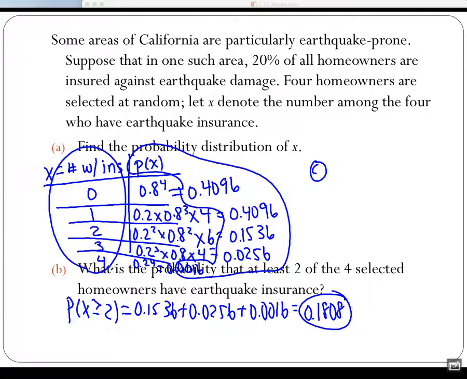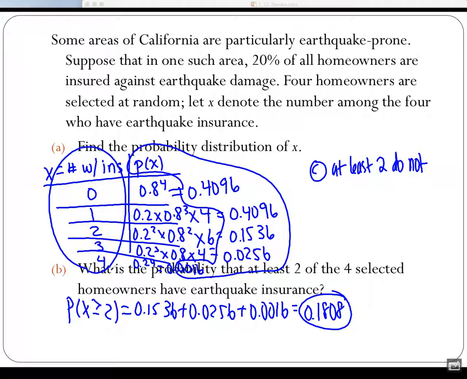You take the probability that 2 do have insurance, and then subtract it from 1. Or at most, 2 have insurance, subtract it from 1.